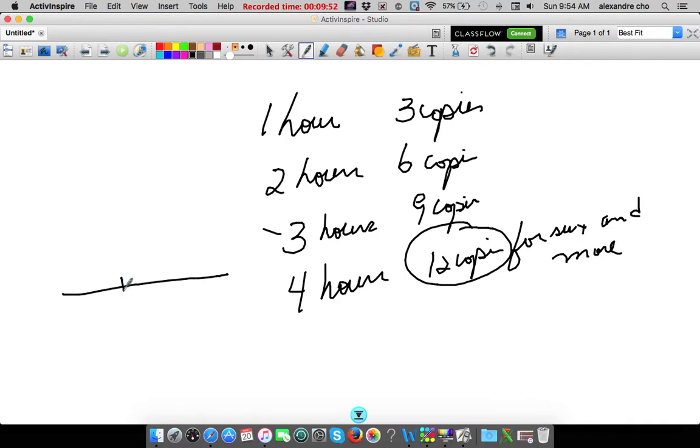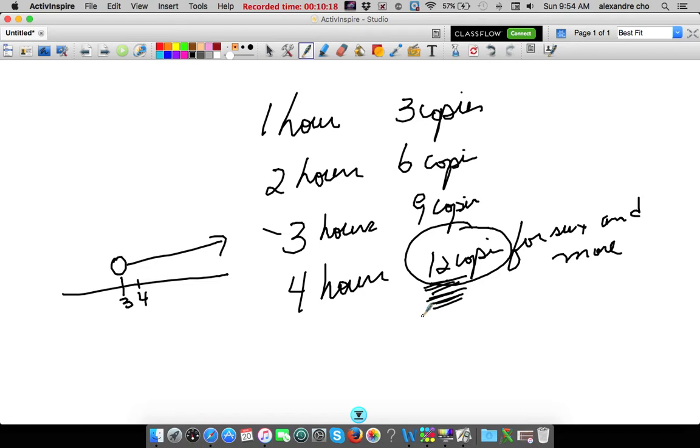Your graph on letter A starts at 3 somewhere, and it says the number of books that he made is higher than 3 and above. Well, that's not true, because it's definitely going to be 12 or more. So you're looking for something that has the number 12.